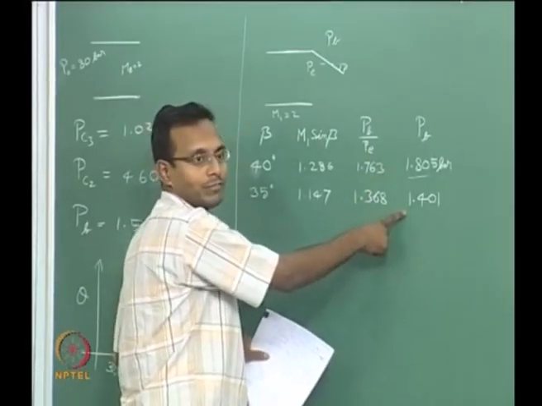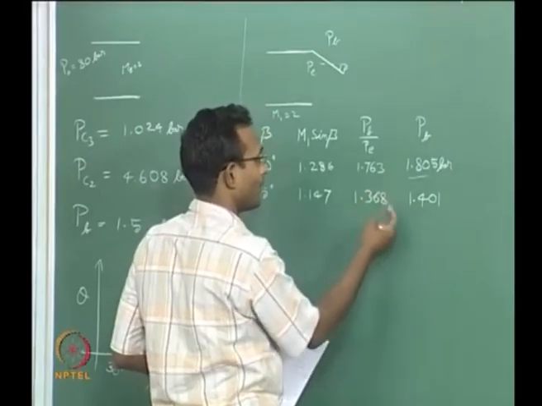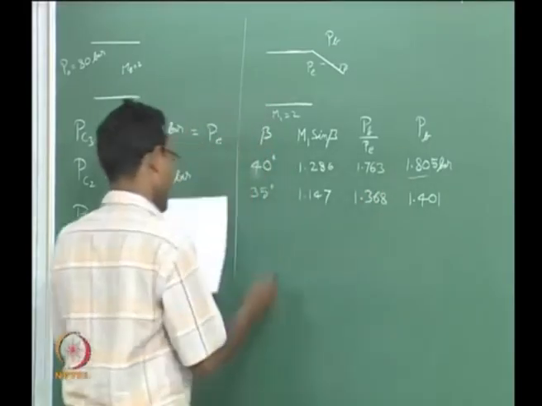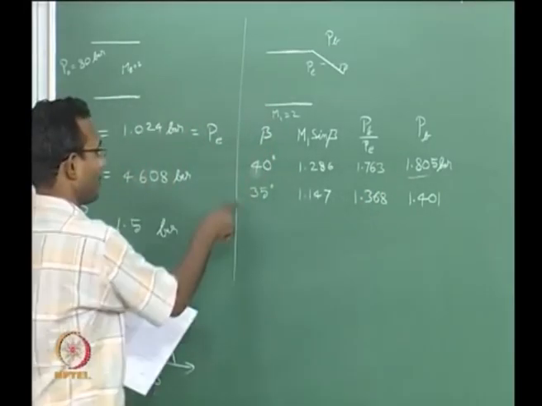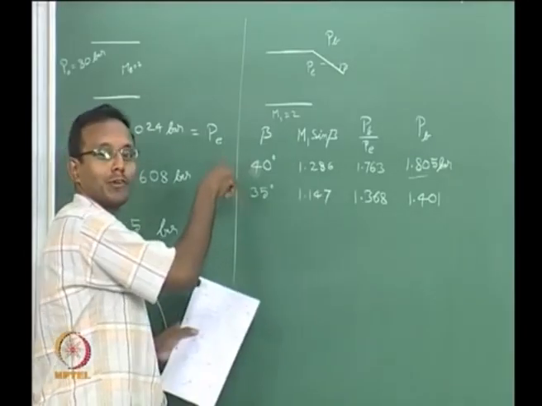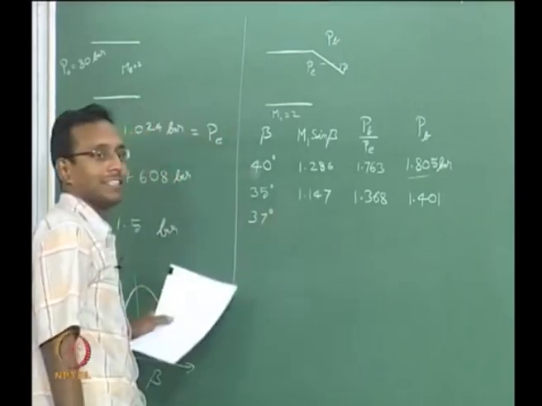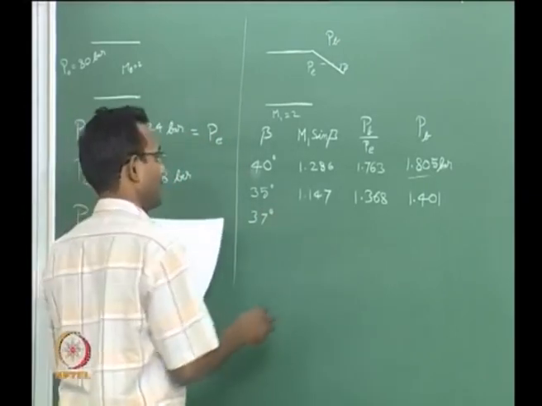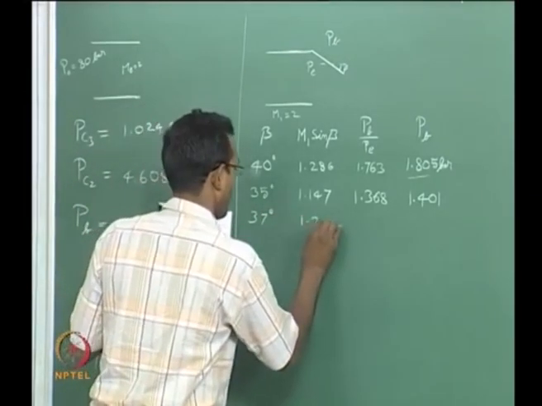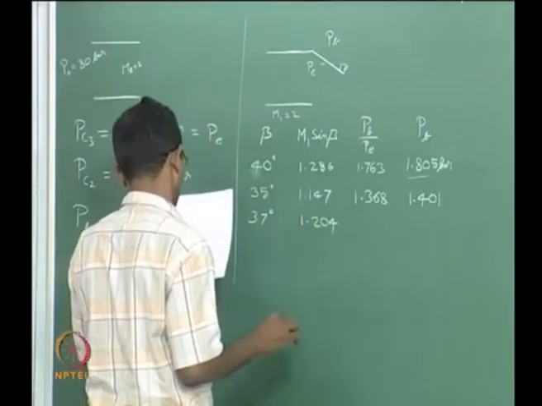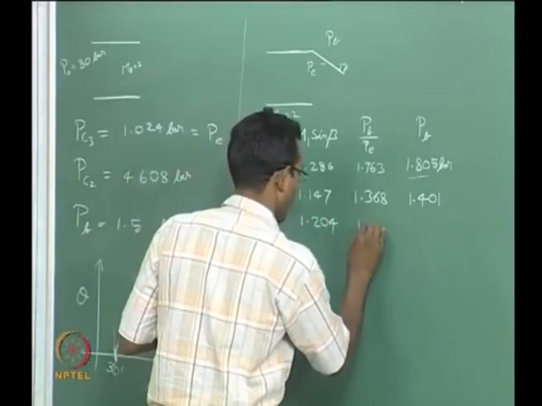I want 1.5. It's like 1/4 from here this way up. So I'll pick a number something close to that. 1/4 from here will be 1.25 added, I'll just make it 37 degrees. We'll try 37 degrees and see what happens. That is 1.204, and the next number is 1.524.